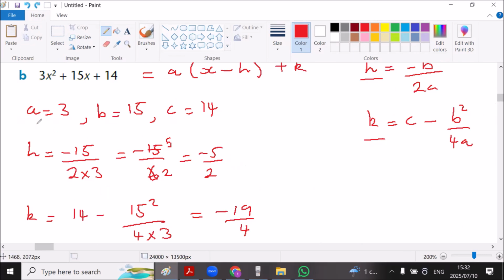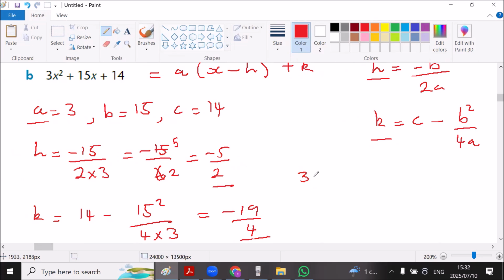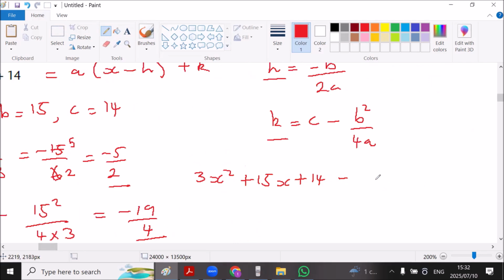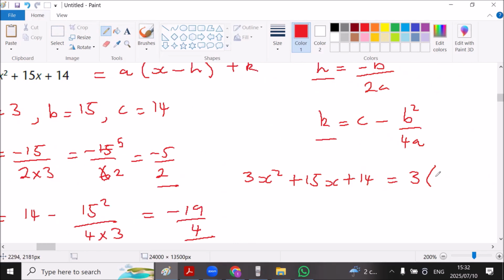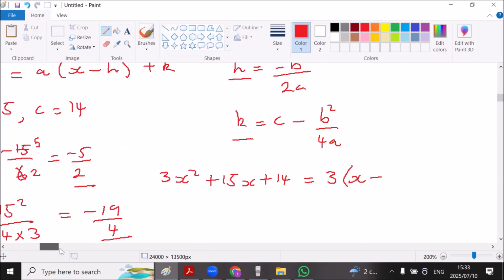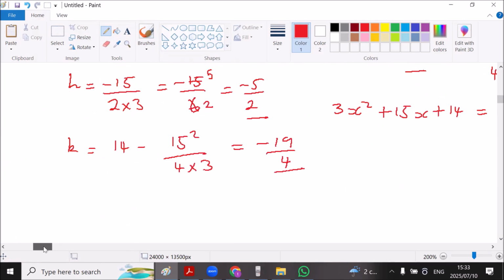Now we take these values of a, h, and k and substitute them in there. So now we can say 3x squared plus 15x plus 14 is equal to 3 bracket x minus minus 5 over 2 squared plus k, which is minus 19 over 4.